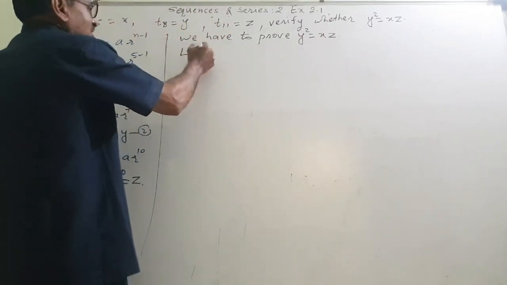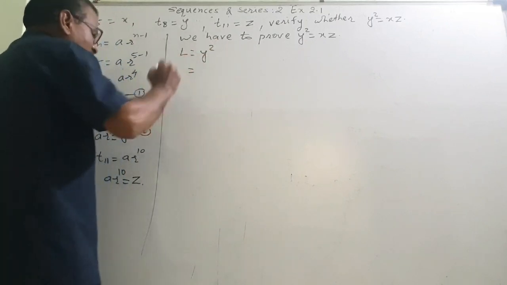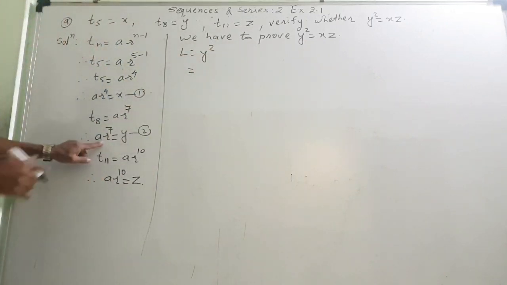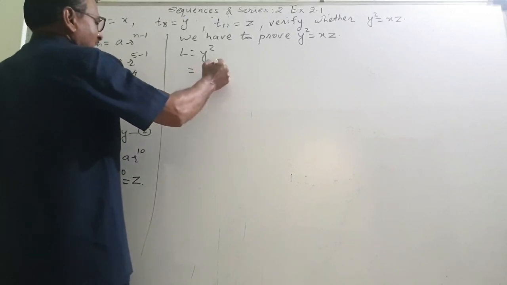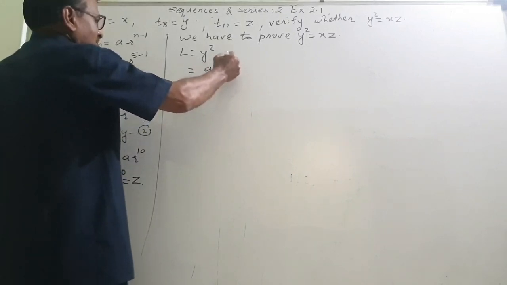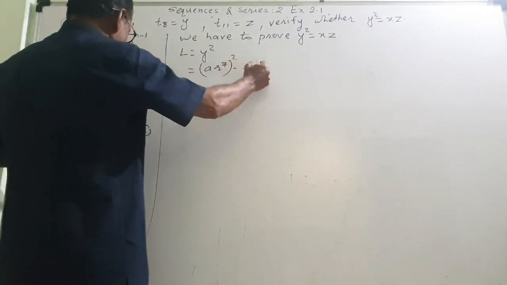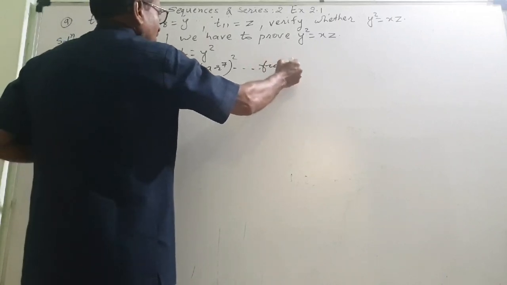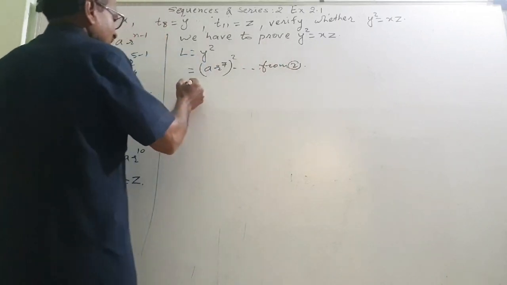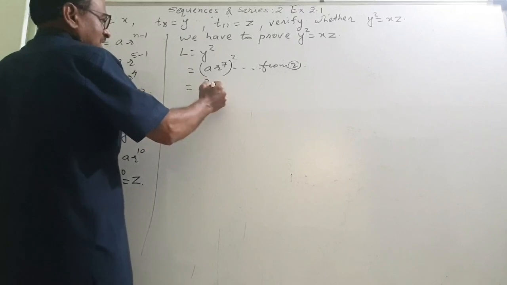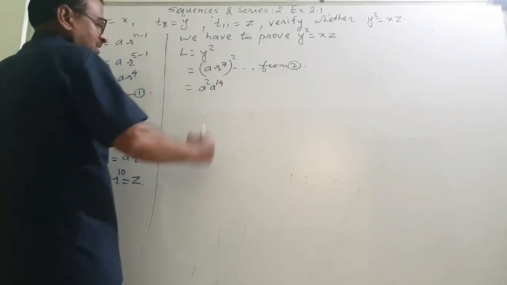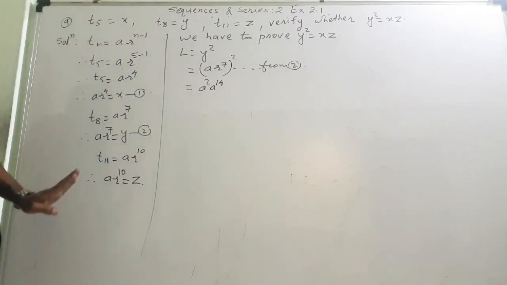So LHS equal to y square. That is equal to, what is y? ar raised to 7. Its square from 2. That is equal to a square, r raised to 14. Understood?